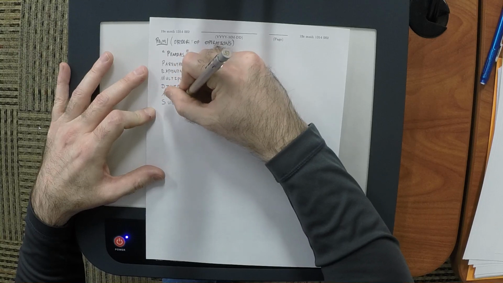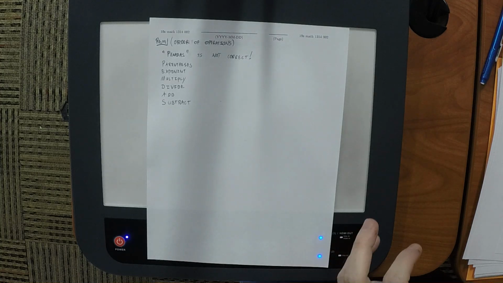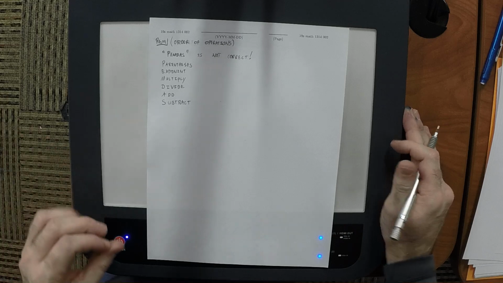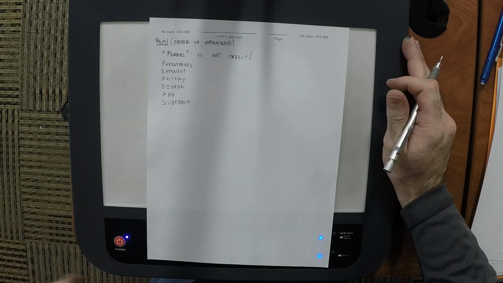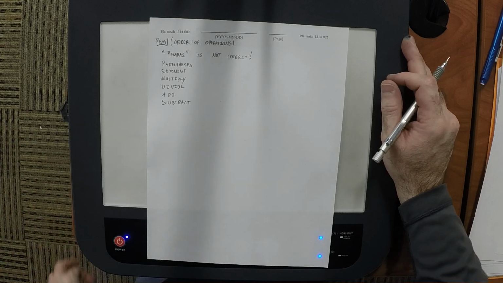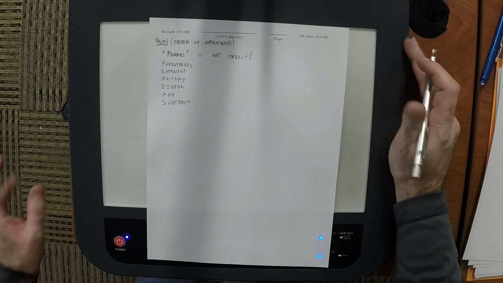Those still mean what they mean, and it's very probable that your math teacher at the time said that the way you do it is you just remember the acronym PEMDAS and then you just choose whichever one comes first. And that's not right.